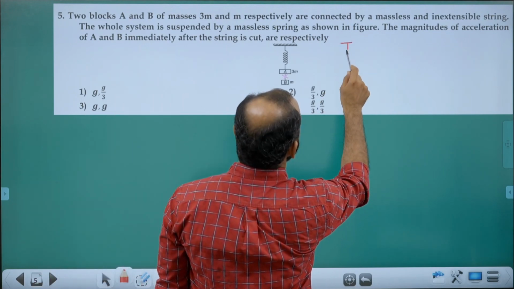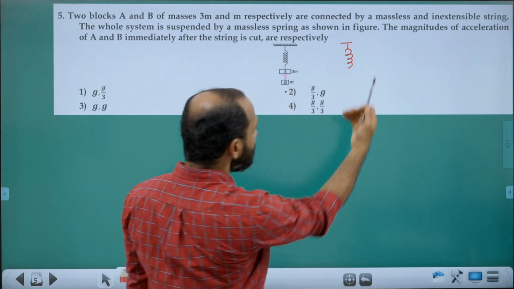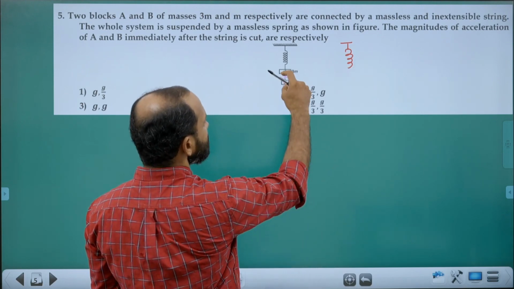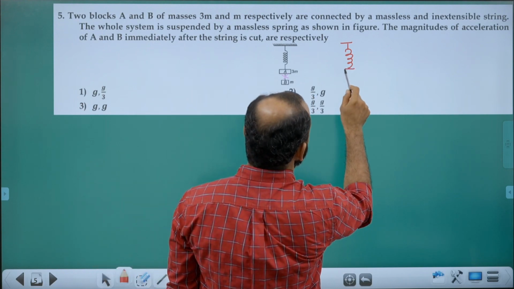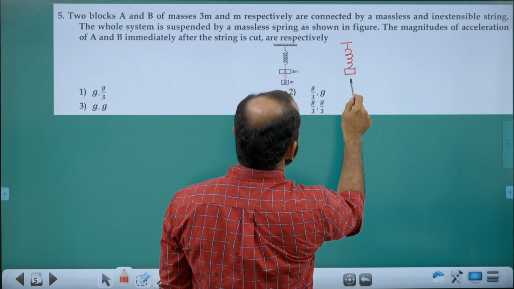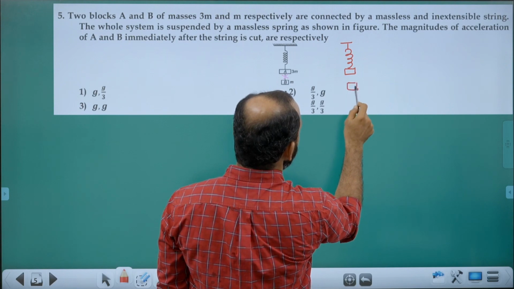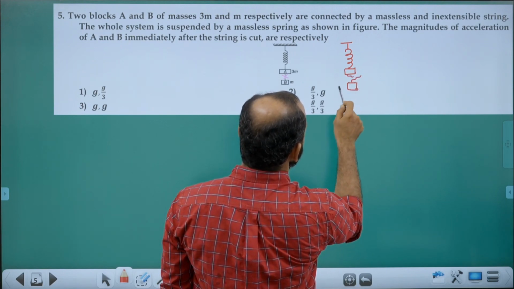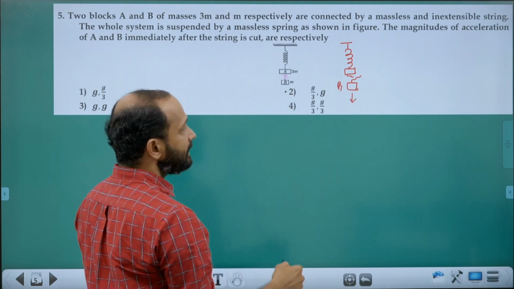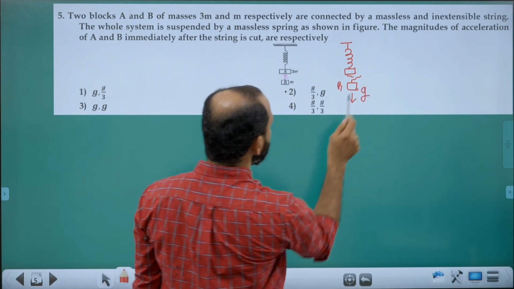You know, the spring is already extended by the weight 3m plus m, that is 4m. Now, on cutting, B falls downward because the string has been broken.